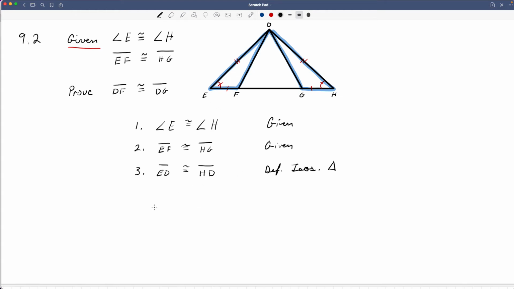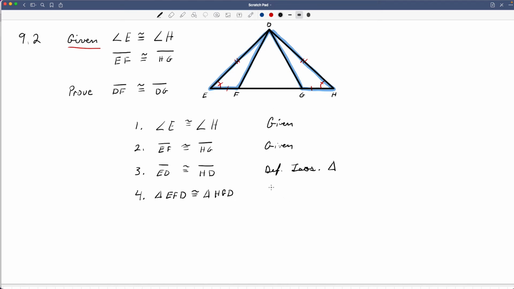So then that gives me that triangle EFD is congruent to triangle, and I have to do this angle right here, the same because I put it in the middle. So that would be H, because these are the congruent angles, so those go first, HGD.